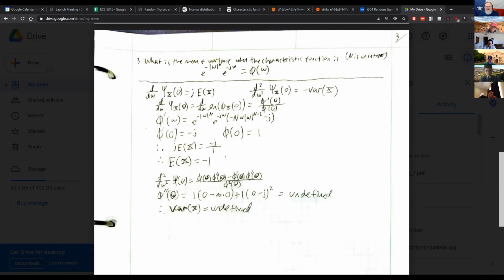Yeah, so odd, you get a different result. For all of the odds, the mean is undefined because all of the odds are going to have a discontinuity at the origin. All of the evens are going to be continuous at the origin. So that's the case, right?